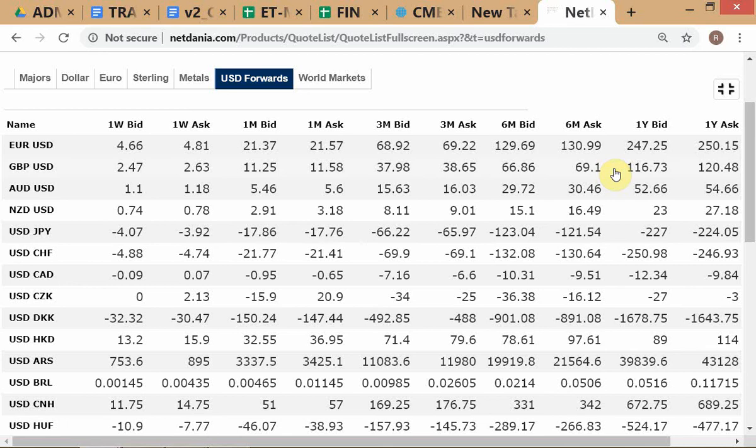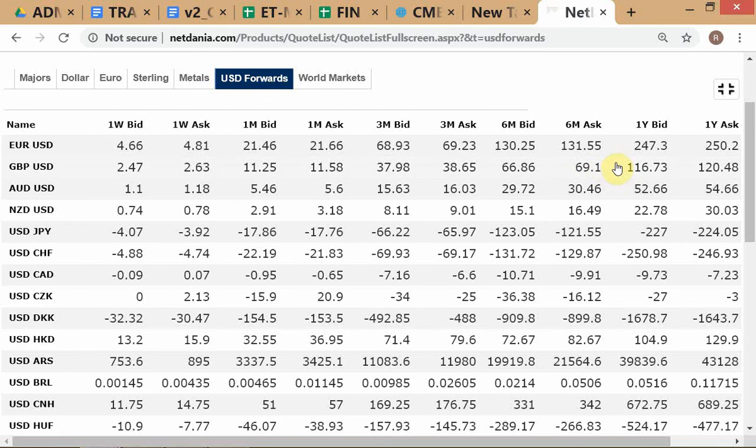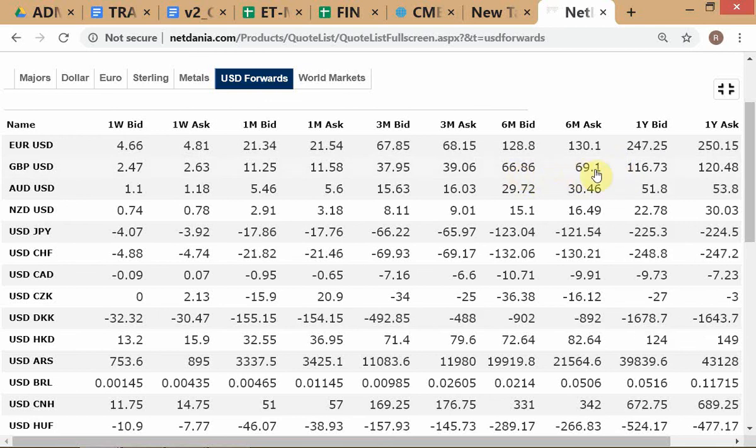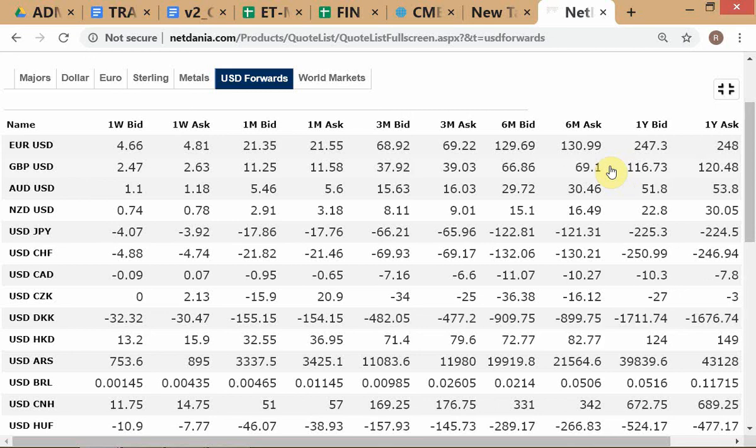So Barclays London in this case is the market maker. Let's just take the 6 month price, although we are taking a price for 6 months and 14 days. Barclays London will quote this 66.86, 69.1. They will quote this forward points price to ICI PLC, which is a corporate customer. One of the first things you notice that is non-standard is the customer has chosen a non-standard maturity date.